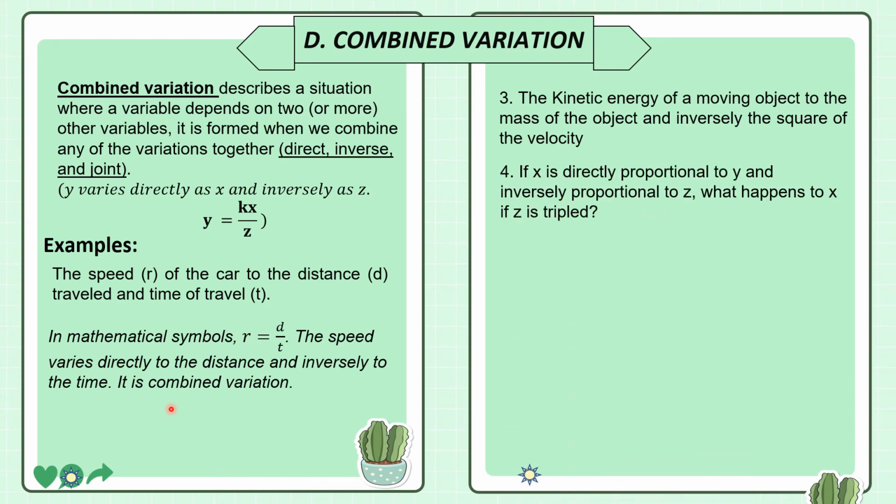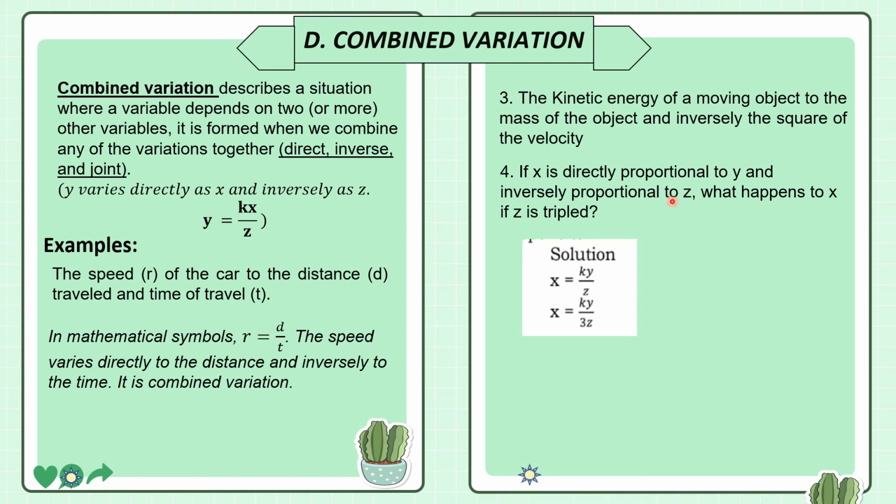Number four, if x is directly proportional to y and inversely proportional to z, what happens to x if z is threefold? First, we need to look at the equation behind this given statement. If x is directly proportional to y, x is equal to k times y, and inversely proportional to z, divided by z.